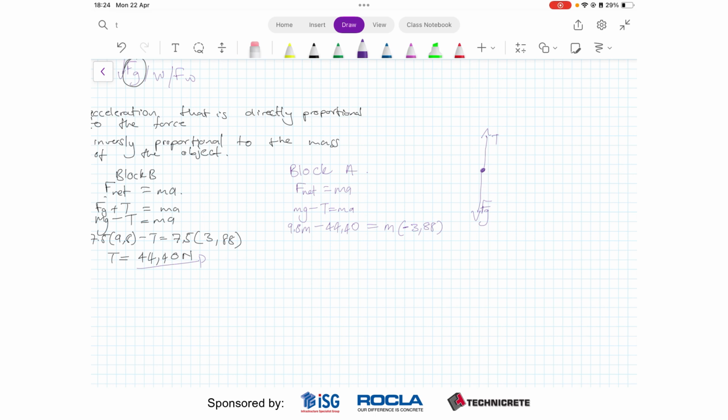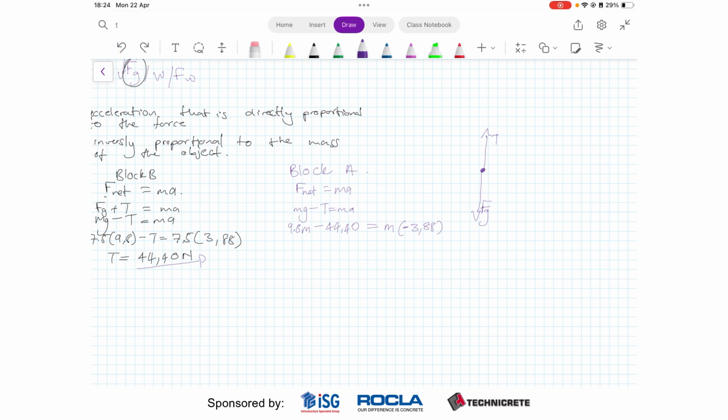But remember, as block B is moving downwards, it's also pulling block A, and block A then starts to move upwards at the same acceleration, but in the opposite direction. Thus our acceleration has to be negative because in this case, upwards is negative, okay? Which is why we have that negative right there.